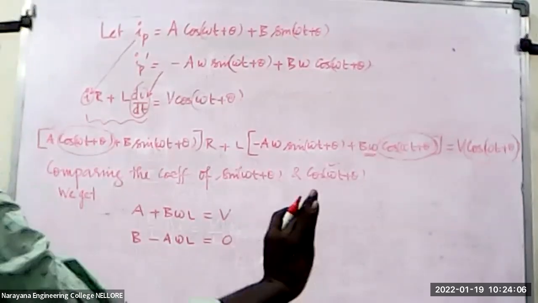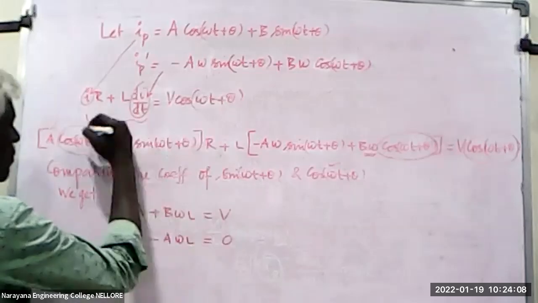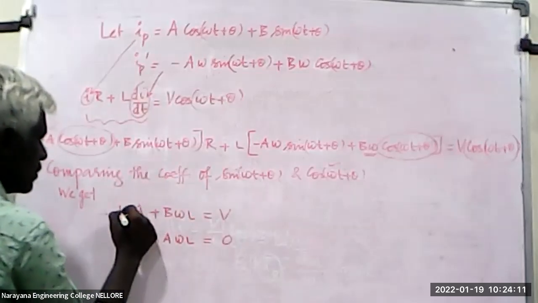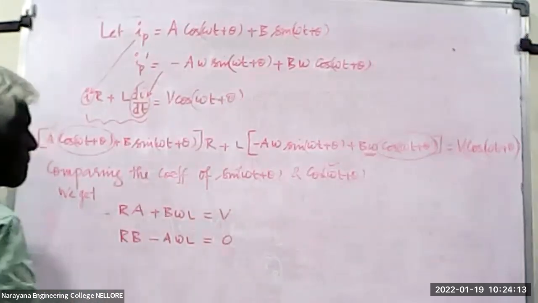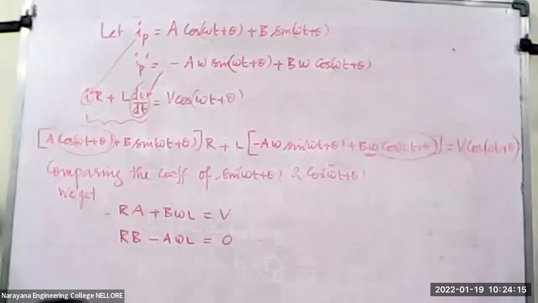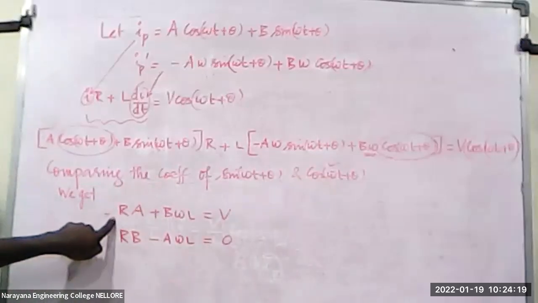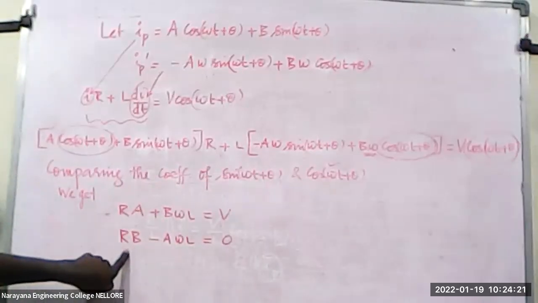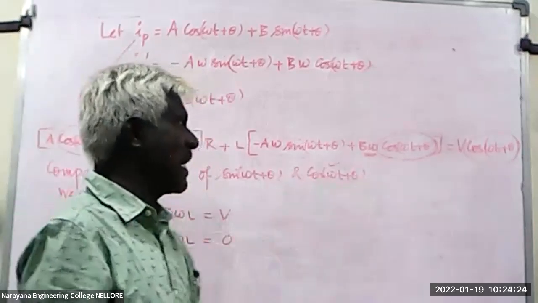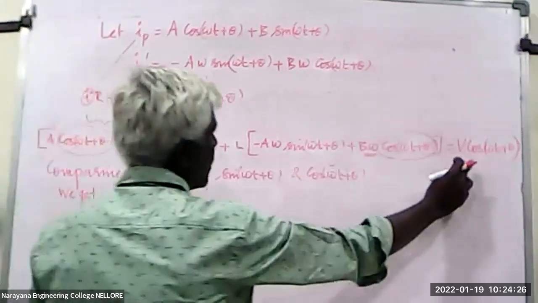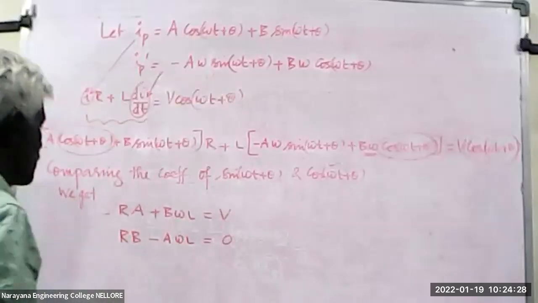AR. Oh, sorry. Yes. R is common with this. Yes. So R. Thank you. So this R is common with this, L is common with this. So we consider this with this and here. Okay. And here there is no term of sin. So we get like this.